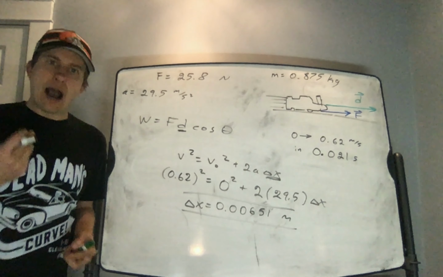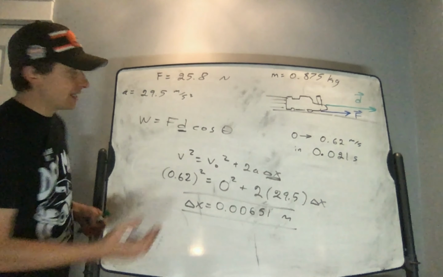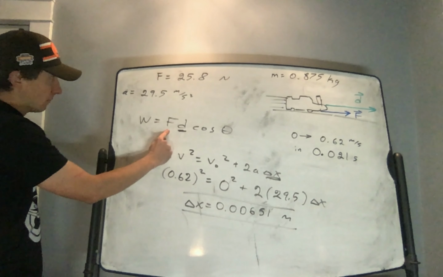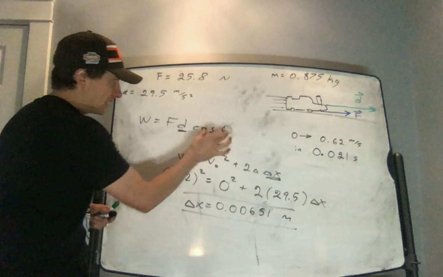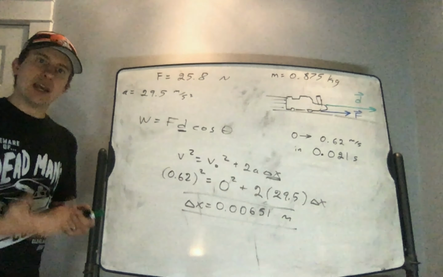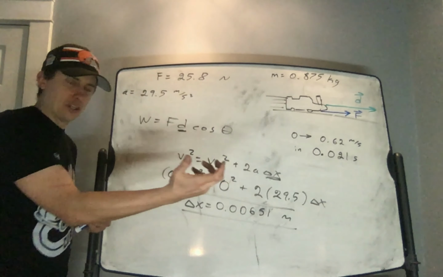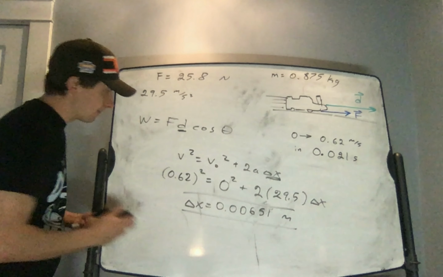Now that I know how far the train has moved during this displacement, I know d, I know the force of the motor pushing on the train, and I know the angle between the direction of the force pushing on the train and the train's displacement.